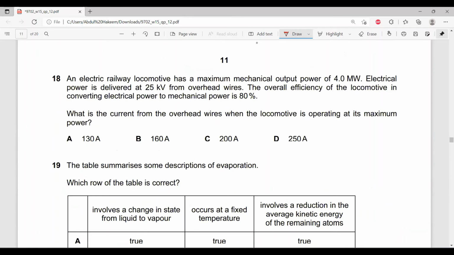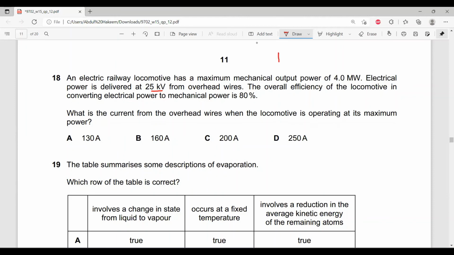Next, number 18. An electric railway locomotive has a maximum mechanical output power 4 megawatt. The electric power is delivered at 25,000 volts, mean input voltage. The overall efficiency of the locomotive converting the electric power to the mechanical power is 80%. What is the current from the overhead wires? Look, power input is equal to IV, and 80% of input power IV is 4 megawatt.